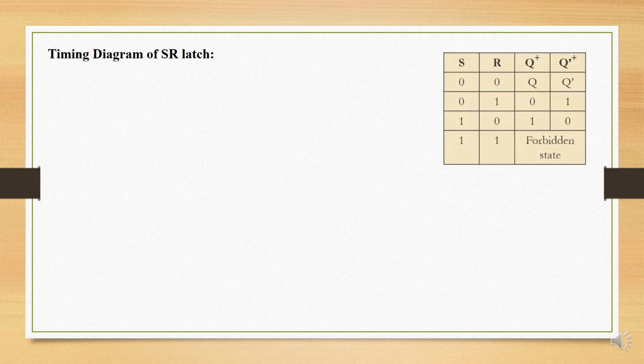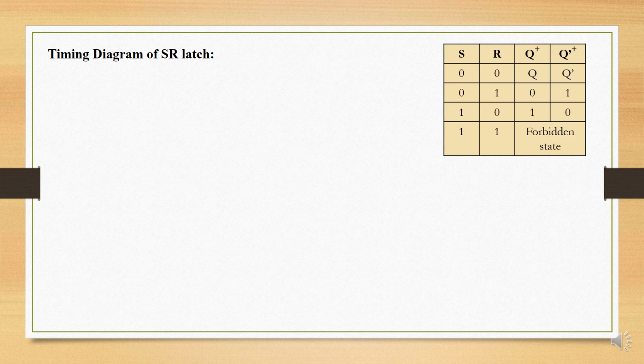Now let us see the timing diagram of SR latch. The inputs are two inputs S and R. We have two outputs Q plus and Q bar plus. So let us plot the timing diagram here. Let us draw the timing diagram. We can consider any random timing sequence.